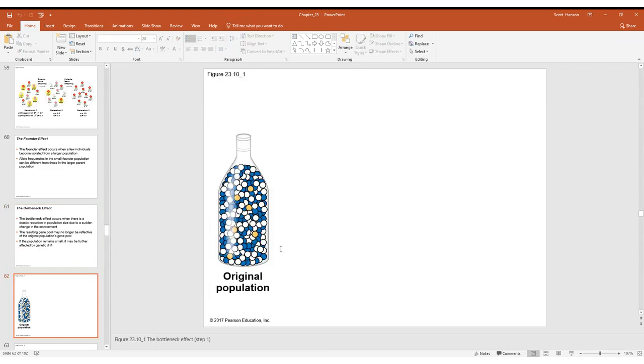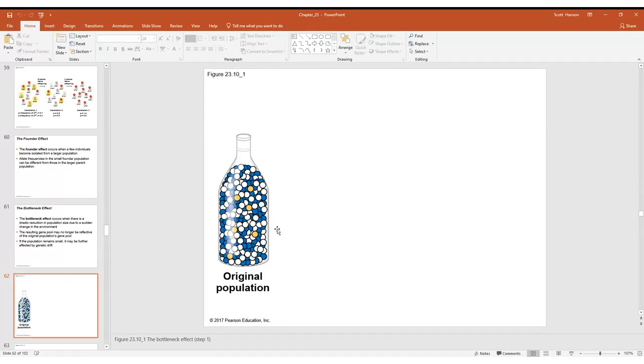And so here's a good example. Since we're talking about the bottleneck effect, we're looking at little colored balls in a bottle. Let's say you've got a number of colored balls in a bottle, and this represents a certain number of alleles at a certain locus in a population. So a few yellows and a large number of whites and blues.